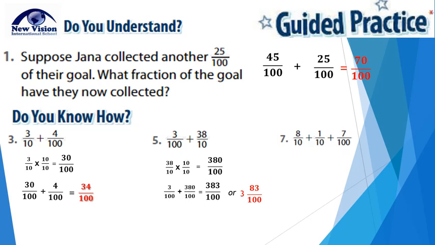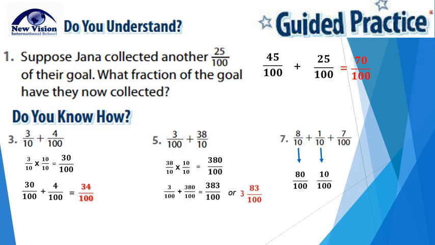Number 7. 8 over 10 plus 1 over 10 plus 7 over 100. Let's find the equivalent fraction of 8 over 10. We multiply it by 10 over 10, so it's going to be 80 over 100. Next, the equivalent fraction of 1 over 10 by multiplying it by 10 over 10.